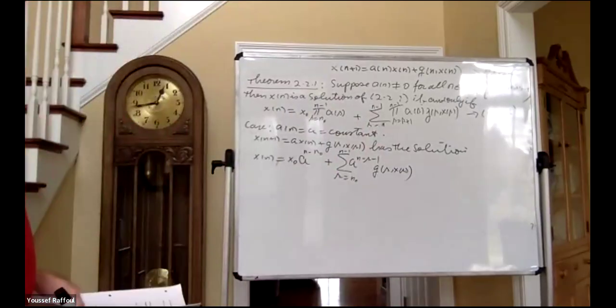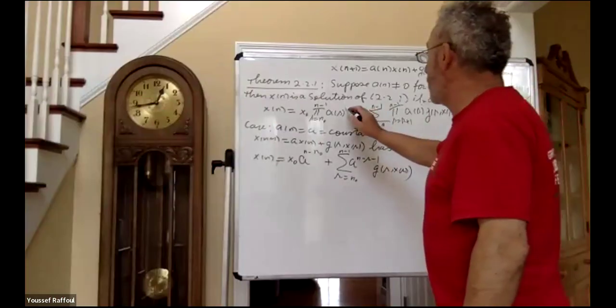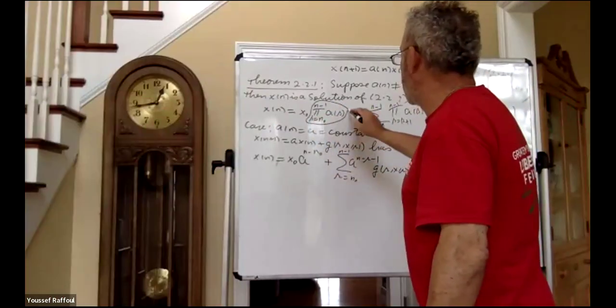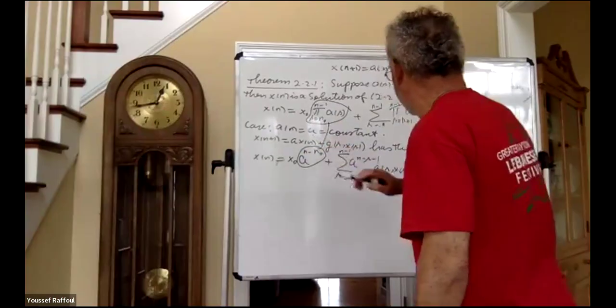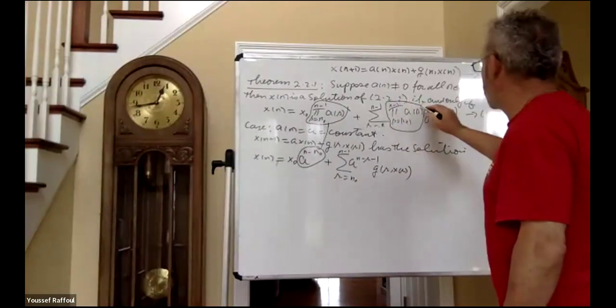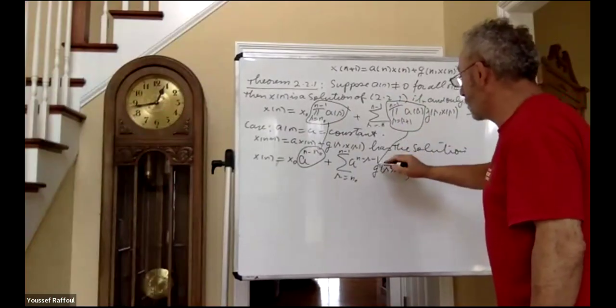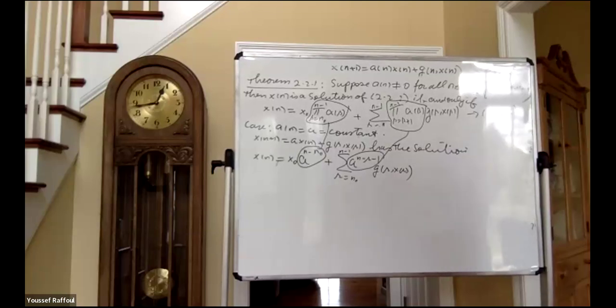That's what the solution looks like. So basically, this one becomes this one. And this here becomes this one here. You see?